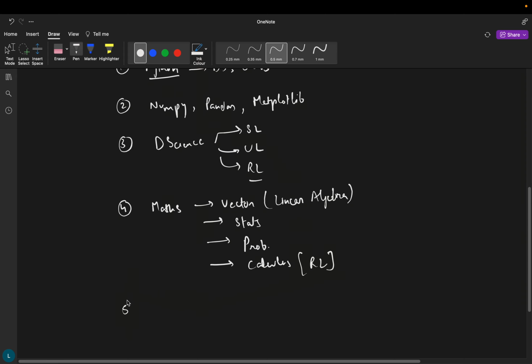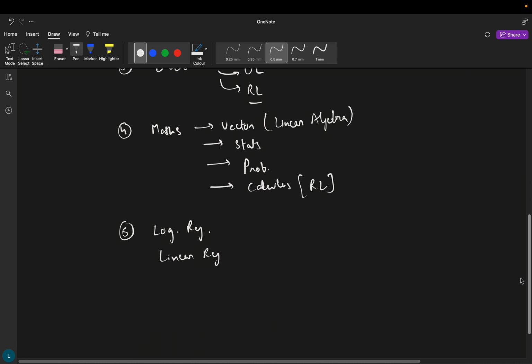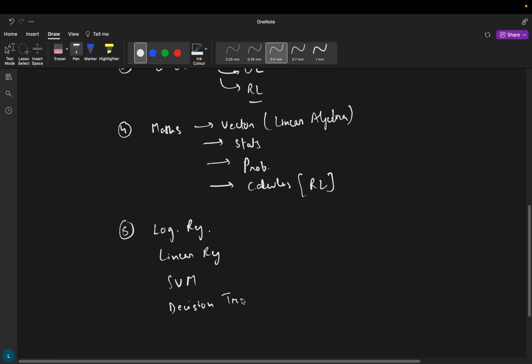Then you can go ahead with learning machine learning models, like logistic regression, linear regression, and many more models like SVM, support vector machines, decision trees, gradient trees, and many more.